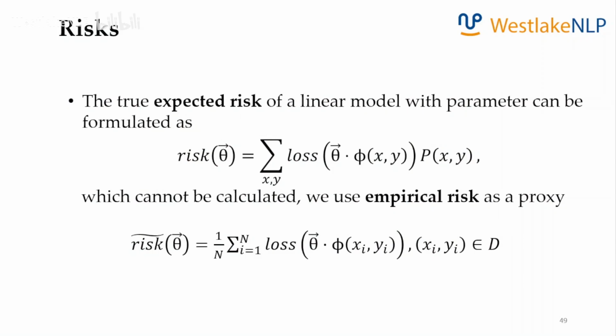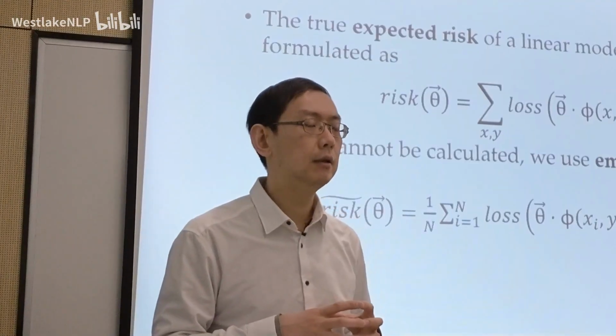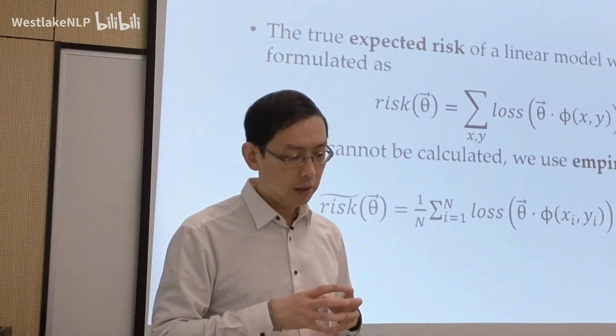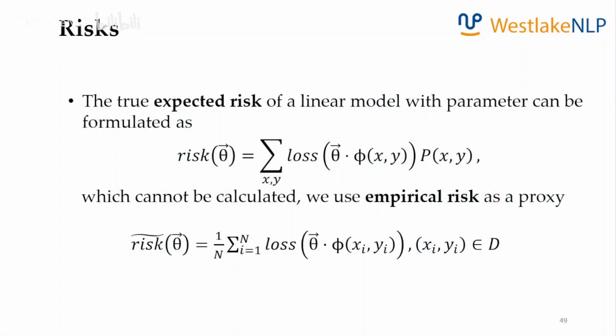So if you can't minimize the expected risk, you turn to minimize the empirical risk instead. What is the empirical risk? You take the training set as a sample of your general set, and you assume that every training instance has the probability of 1 over n.